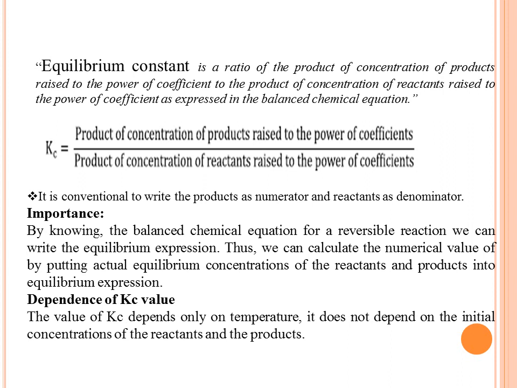Equilibrium constant depends upon temperature. It doesn't depend upon the initial concentrations of the reactants and products. Don't you think why? It depends on temperature because if we increase the temperature, the energy of the molecules will increase.